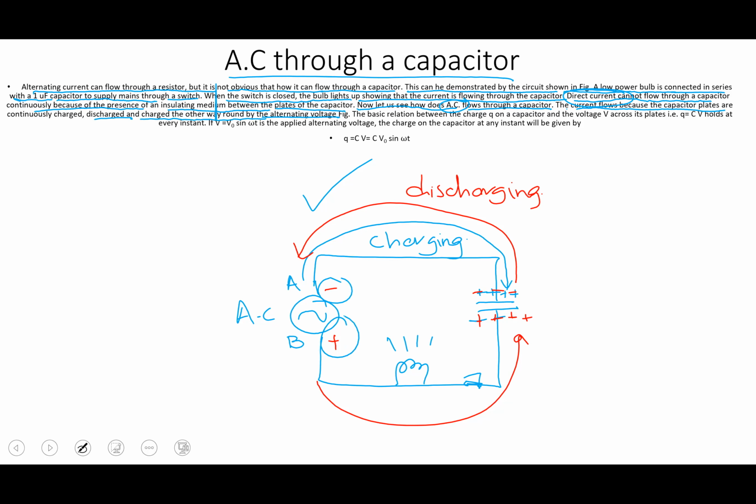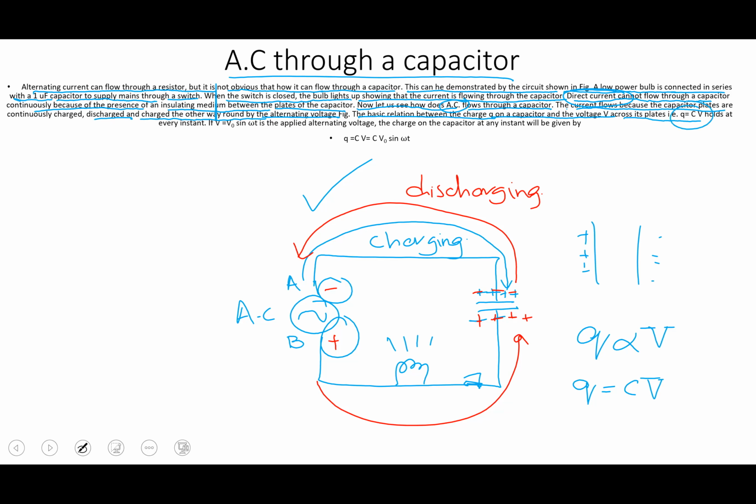The basic relation between the charge Q on the capacitor and the voltage V across the plates is Q = CV. We know that as the charge on the plate increases, the voltage also increases. So we can say Q is directly proportional to V, or Q = CV, where C is the constant of proportionality, which is known as capacitance.